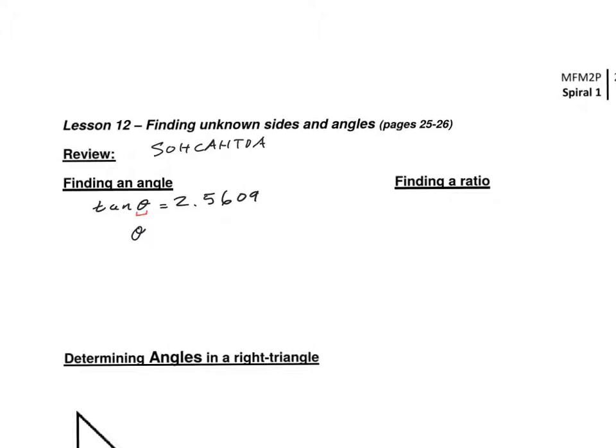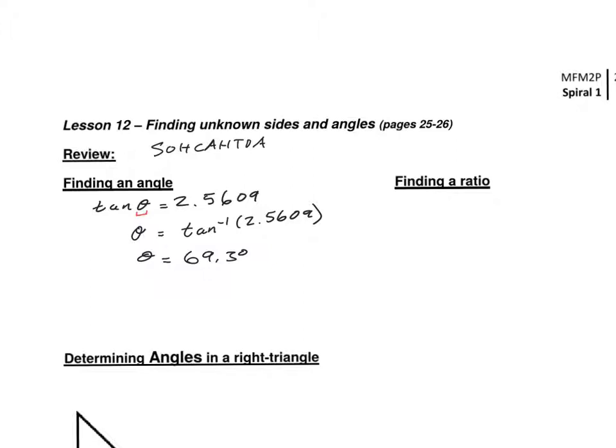So we write theta is equal to tan inverse of 2.5609. And that, when you punch it in your calculator, is going to be theta is equal to 69.3 degrees.